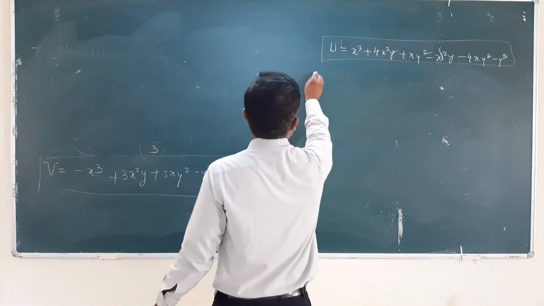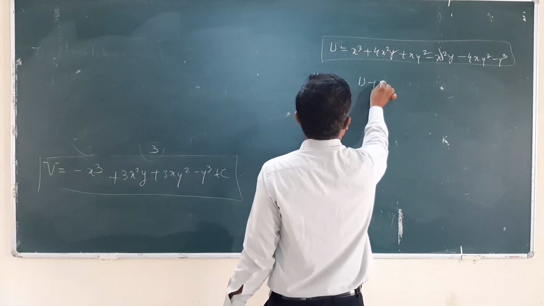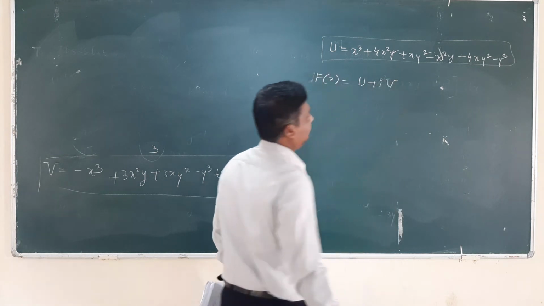So therefore, we know that f of z is equal to u plus i into v.